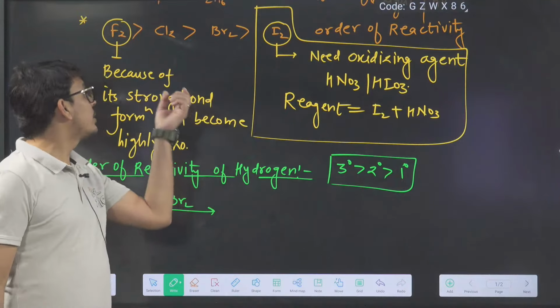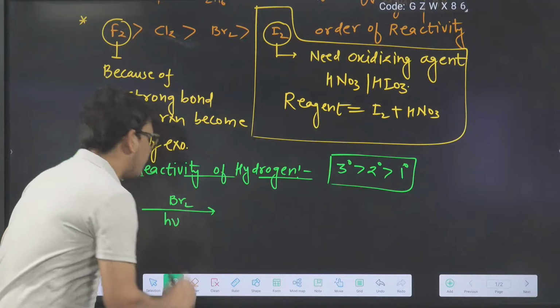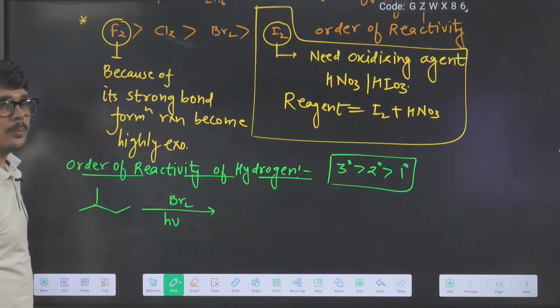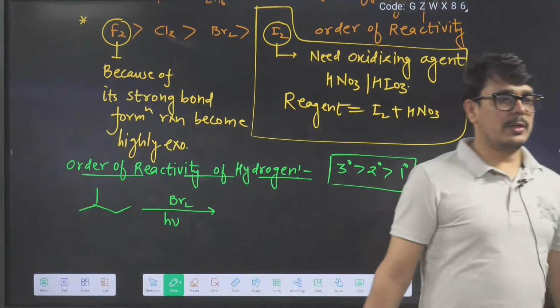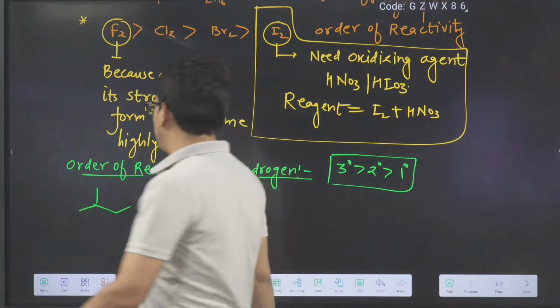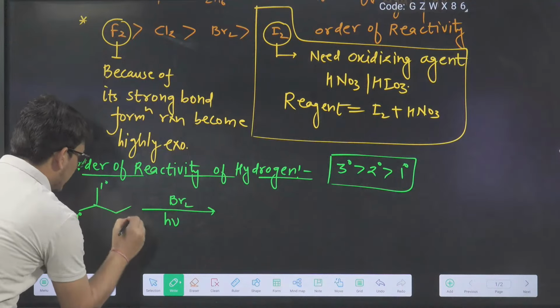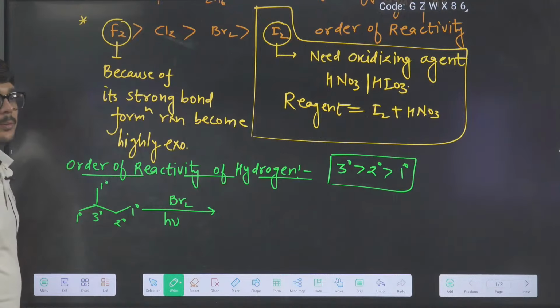Because the required condition is not given; either UV light or photon, anything at least is needed. Now the reaction is possible. Now tell me, this carbon is 1 degree, 1 degree, 1 degree, 2 degree, and this one is 3 degree.